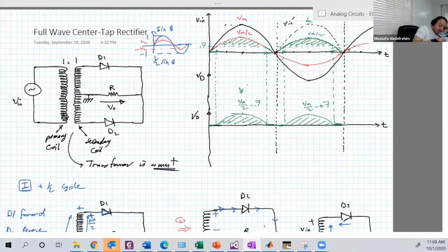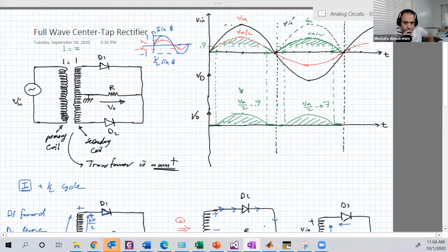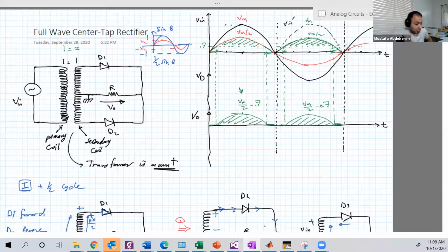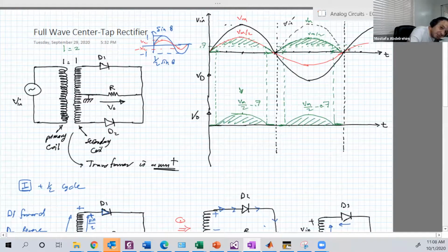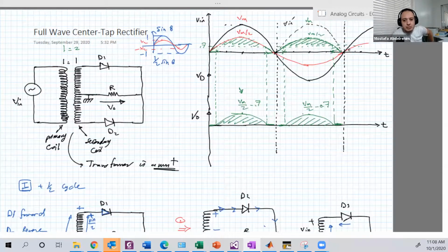If the transformer ratio is 1 to 2, this is fixed. If the transformer ratio is 1 to 2, then this guy will be Vmax minus 0.7, and this guy will be Vmax minus 0.7. So still, the efficiency is doubled compared to the case of the half-wave rectifier.